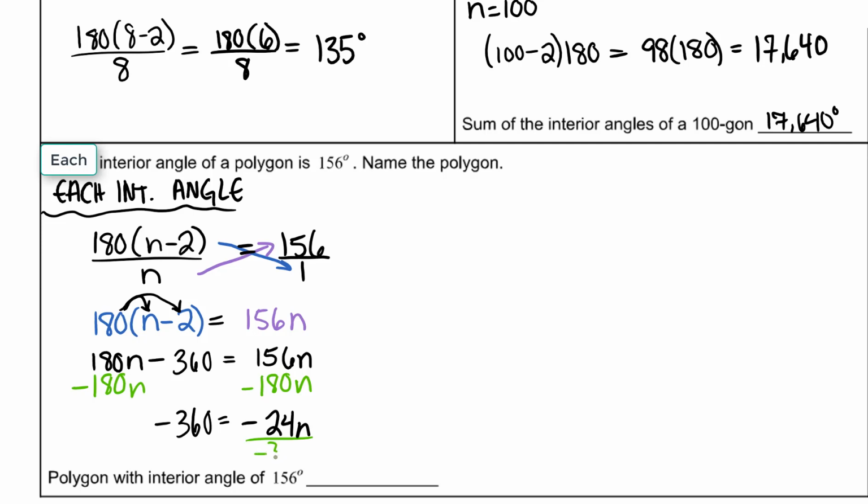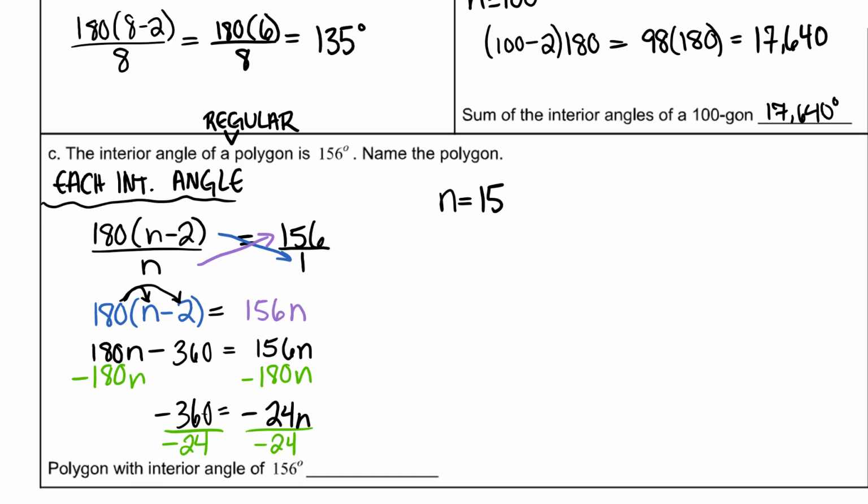My last step will be to divide by negative 24 so that I can get n completely by itself. n is equal to negative 360 divided by negative 24, which is 15. The polygon that has each interior angle measuring 156 is the polygon with 15 sides. That is called a 15gon.